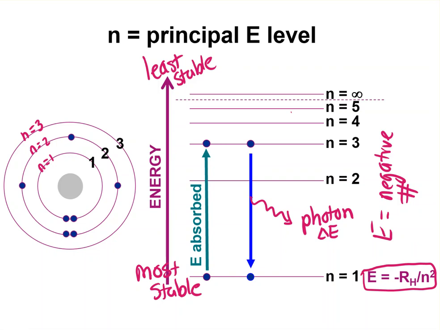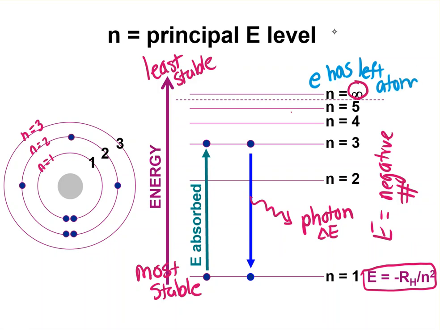So it seems kind of weird. It's not really that they have the opposite of energy. It's just a matter of where we assign 0 and that these are more stable. If you want to consider this, I'm going higher and higher in energy levels, and the highest I could get would be n equals infinity. And n equals infinity would be where the electron has left the atom.